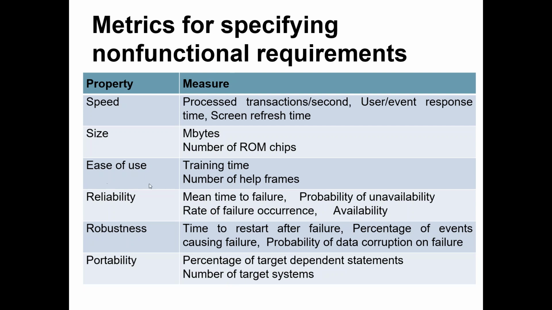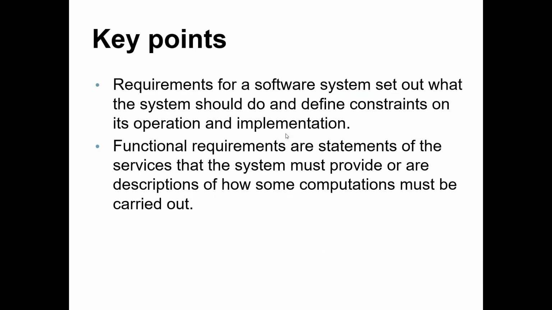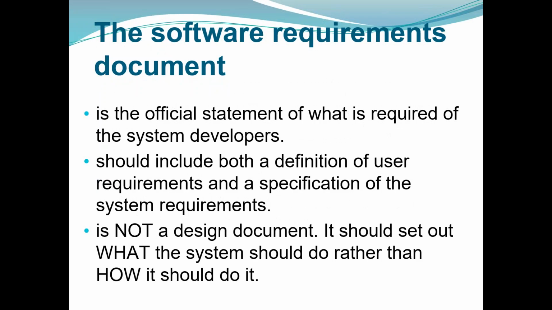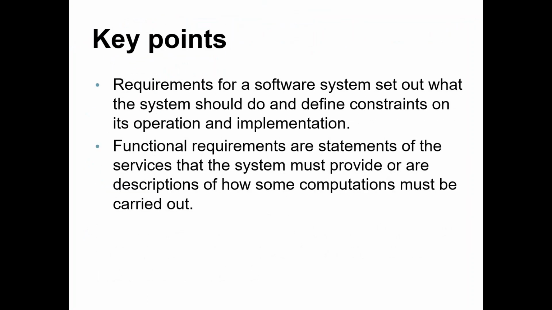In terms of ease of use, I talk about the training time, how fast somebody can learn the software and get up to speed well enough to be able to use it. Then there are some key points, and we can skip over those and move on to the software requirements document. However, before I start that, do I have any questions?